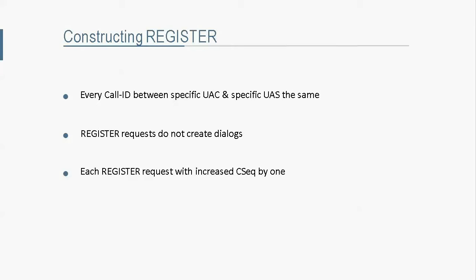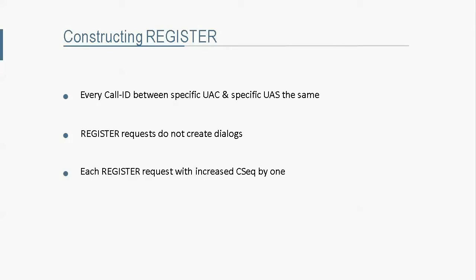The key point here is that the REGISTER requests do not create dialogs. As a result, the Call-ID header field values do not have to change for different REGISTER requests, provided that they are between specific user agent client and user agent server. Alright, so if the REGISTER requests between two specific user agent client and user agent server are the same, in an IP world, how do we know if the requests and responses are received in correct order?